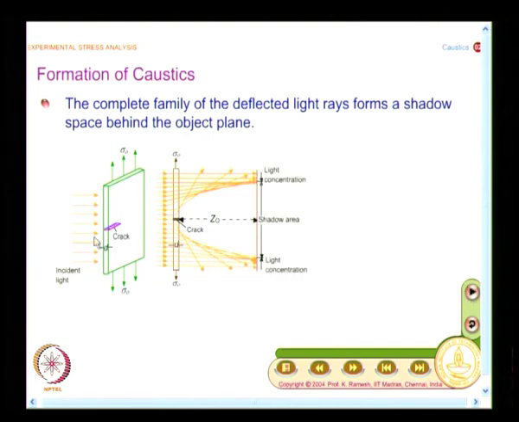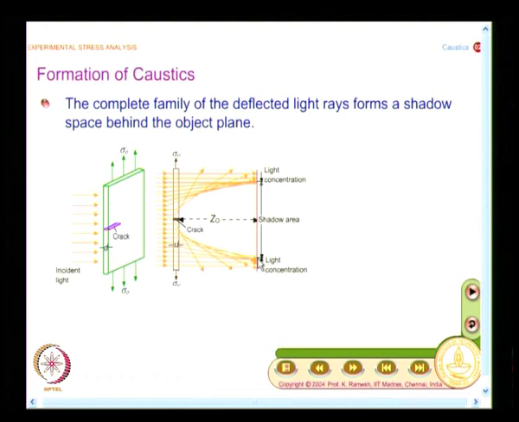So, what I have here is a specimen with a crack, and a parallel beam of light impinging on the specimen, and because of the Poisson ratio effect the light does not go straight. If I do not load the model, the light will go straight; when loaded, the light gets deflected like this, and because of this deflection you get a shadow region on the screen, and you have reinforcement of these rays forming a silver line enclosing the shadow.